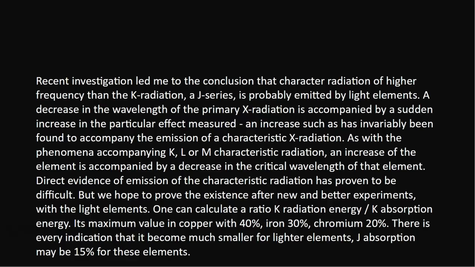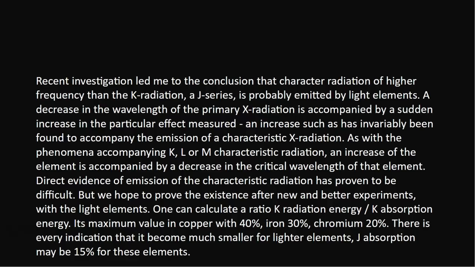Recent investigations led me to the conclusion that characteristic radiation of higher frequency than the K radiation, a J series, is probably emitted by light elements. A decrease in the wavelength of the primary X-ray radiation is accompanied by a sudden increase in a particular effect measured. An increase such has been invariably found to accompany the emission of the characteristic X radiation.